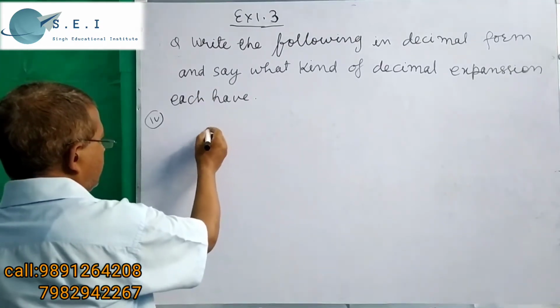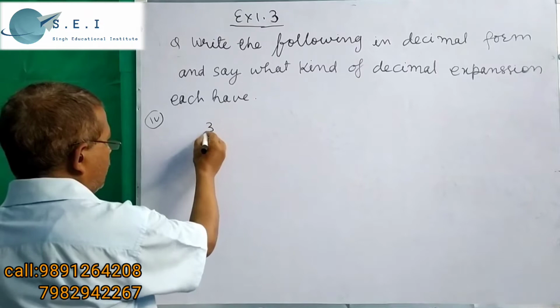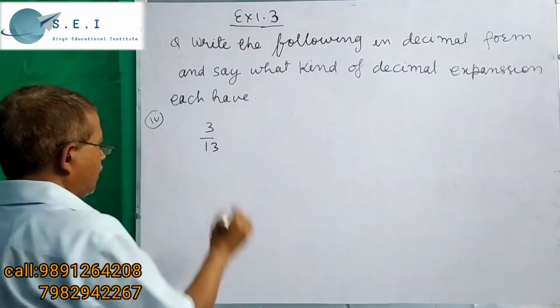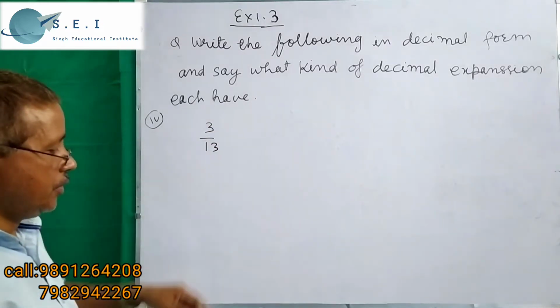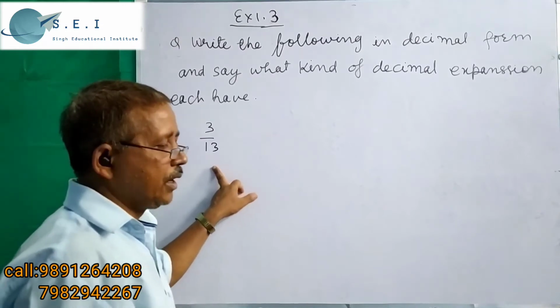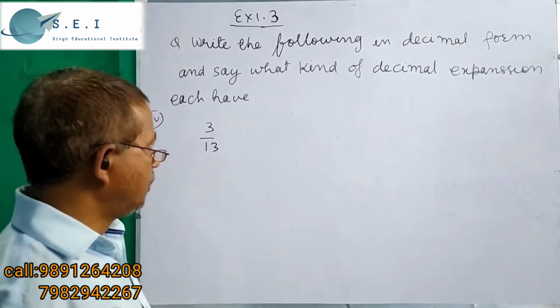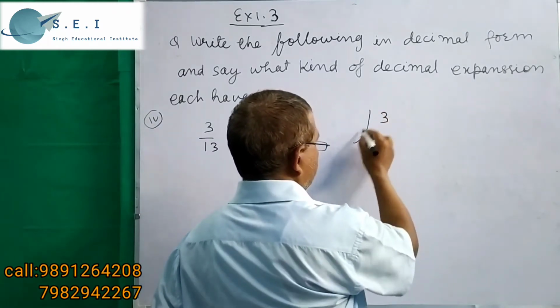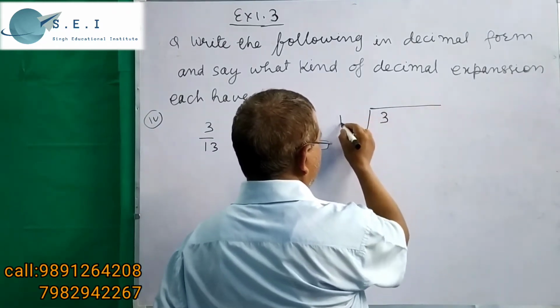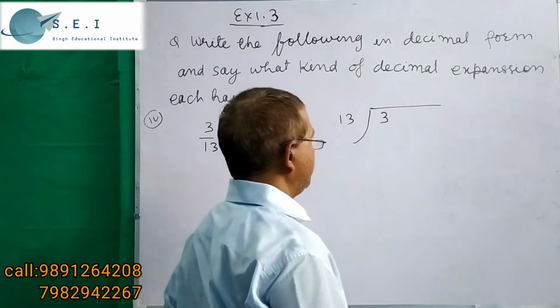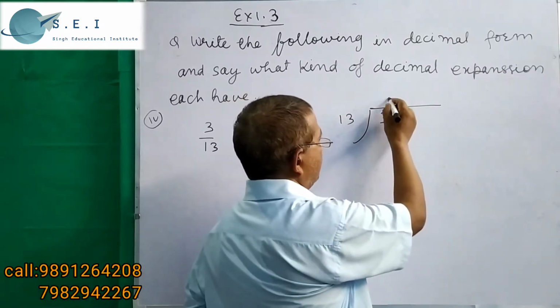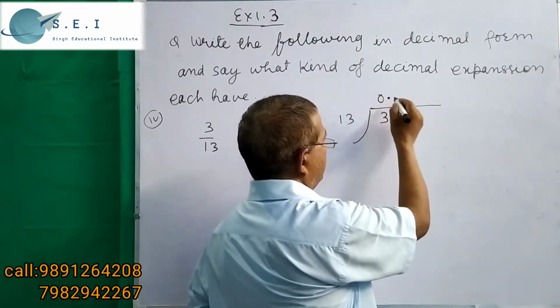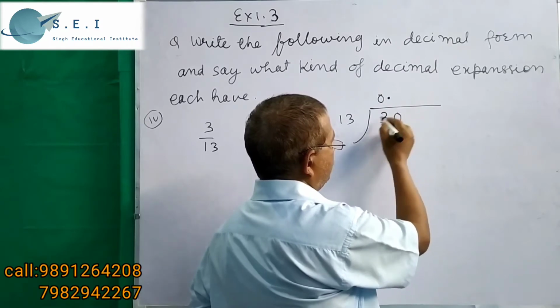Next is the fourth part, which is 3 upon 13. This number can be expressed in decimal only by dividing 3 by 13. So divide 3 by 13, put the decimal here and due to this decimal put 0.